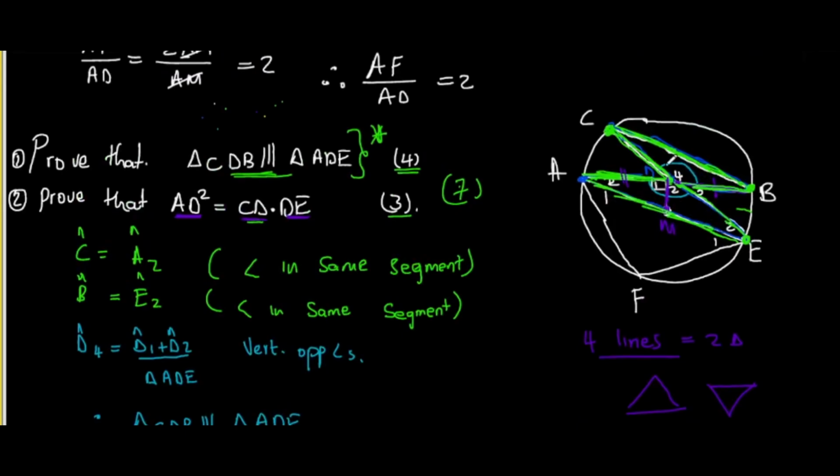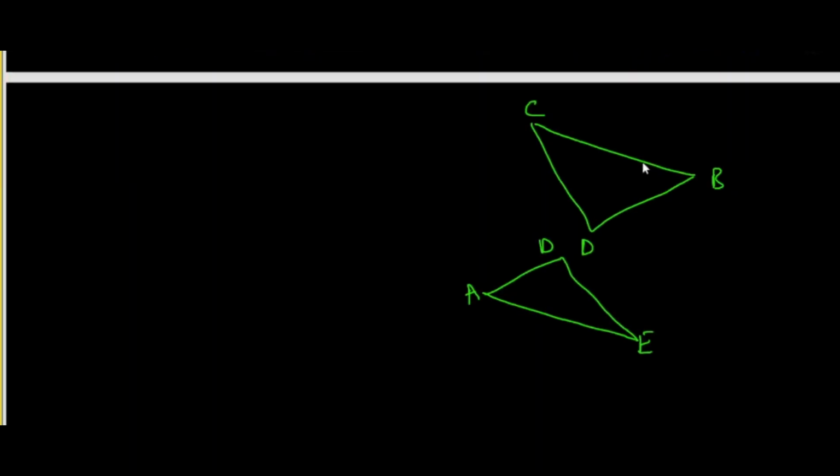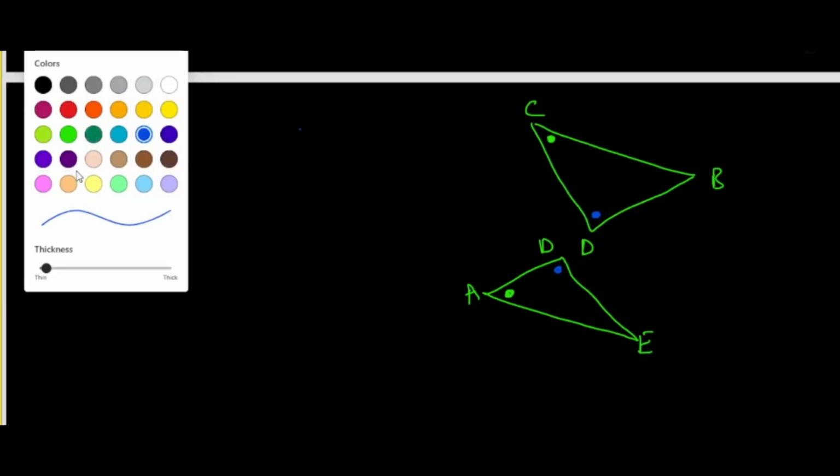These are the 2 triangles that we proved, and we said that angle A2 and angle C are equal. So I'm just going to highlight that. Angle C and this angle A2, they are equal. Then we also proved that this angle D and that angle D are equal, vertically opposite angles. Right. Then we also proved that this angle and that angle are equal.